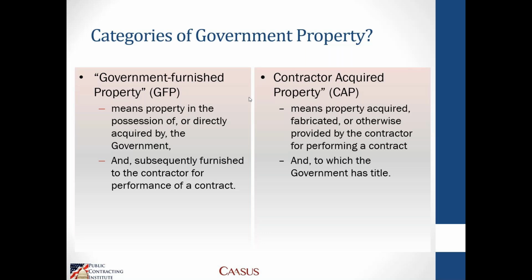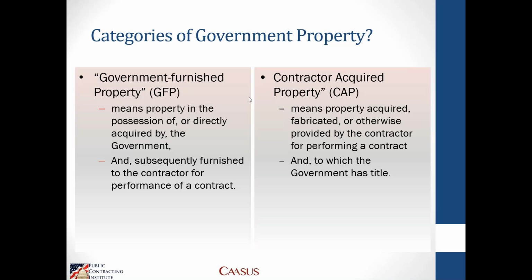Contractor acquired property means that the contractor purchases some sort of property, materials, it could be consumables, it could be equipment, tooling, whatever it might be, using funds from that contract, and at the time in which they are reimbursed, title to that property is going to vest with the government.